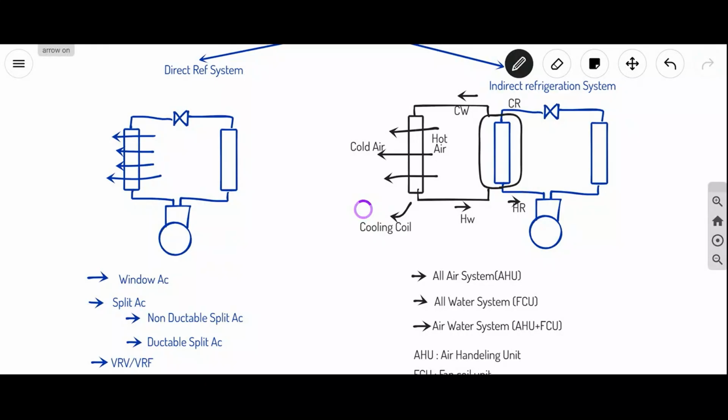Instead of a chiller we use a hot water generator, like hospitals use, where there are operation theatres.